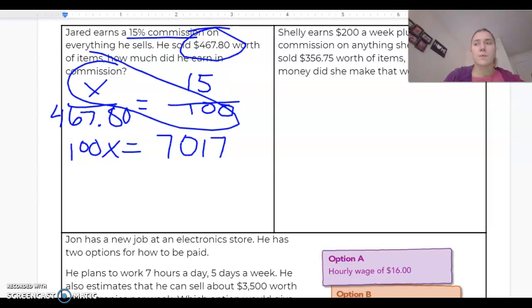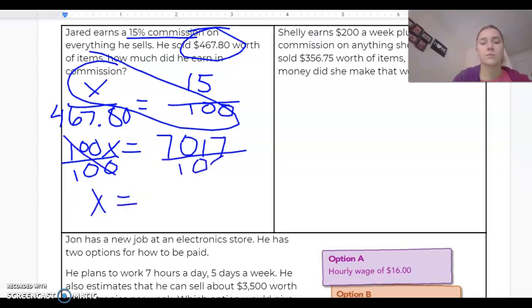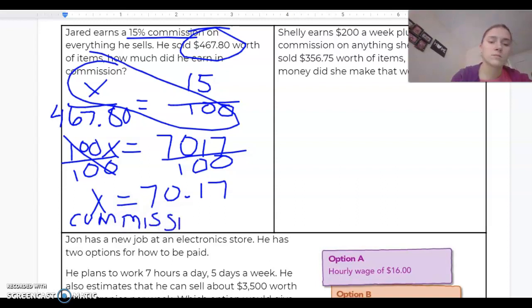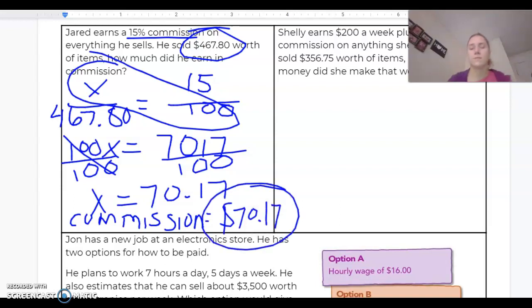And then we want to get x by itself, so we're dividing here by 100. Those cancel out, we're left with x. When we divide here by 100, we're left with 70.17. So our commission earned here is $70.17. Okay? So that's number one.